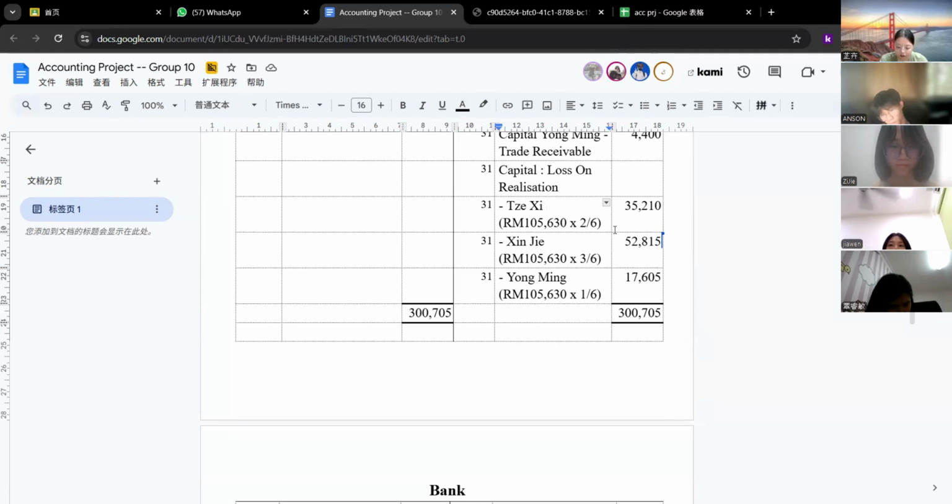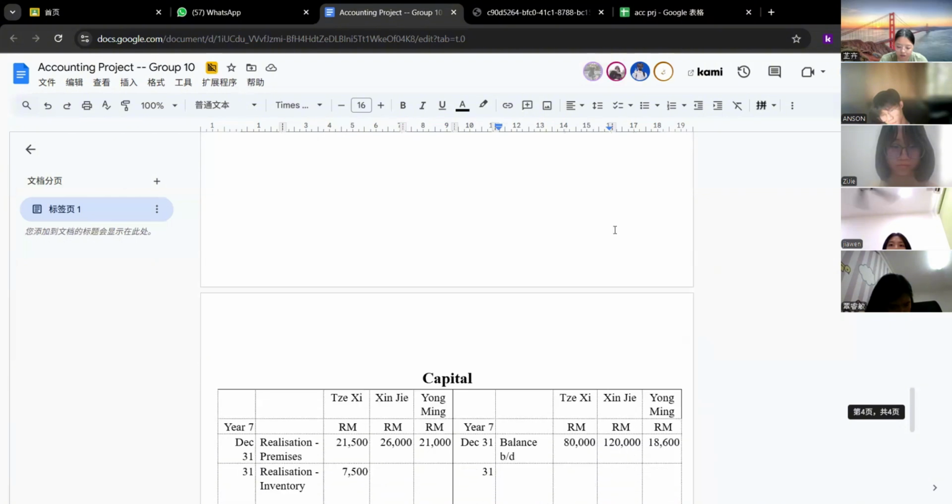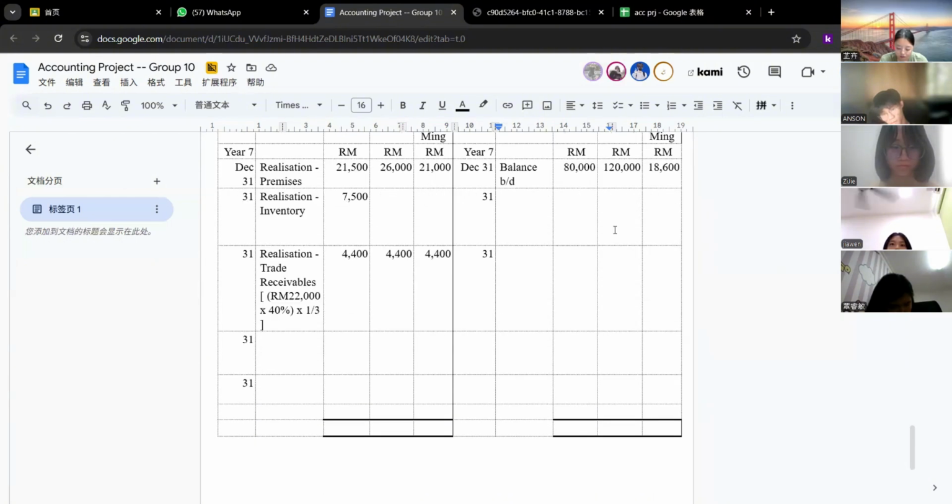Okay, next, we are moving on to the capital account. So, when we write on the credit side of our realization account, we need to debit back on our capital account, which is the same. Zixi will get the 5,000. Xingjie will get 52,000, and Yongming will get 17,000.